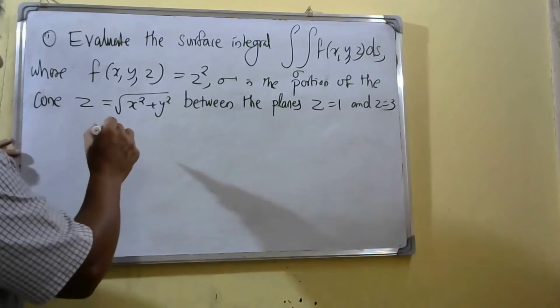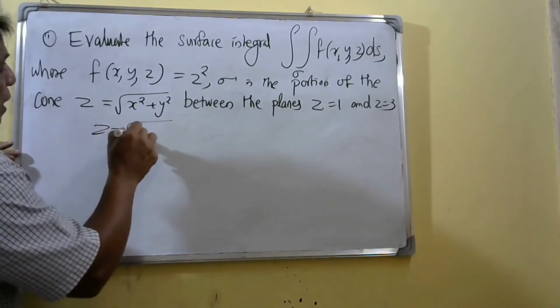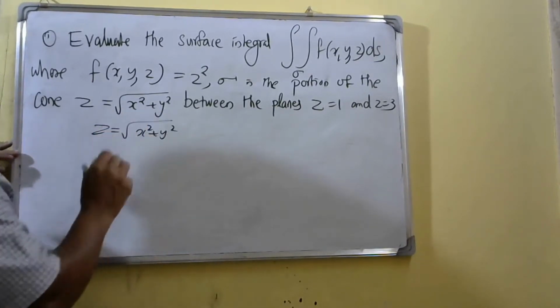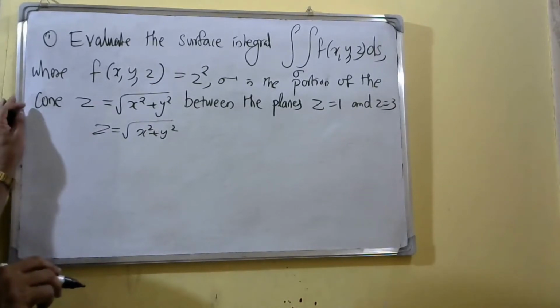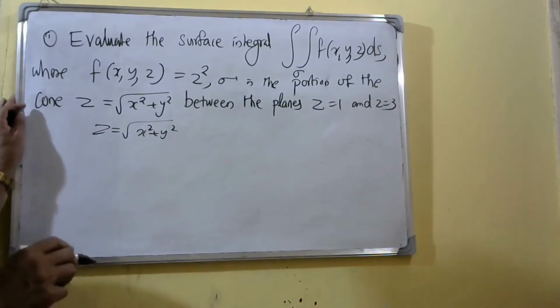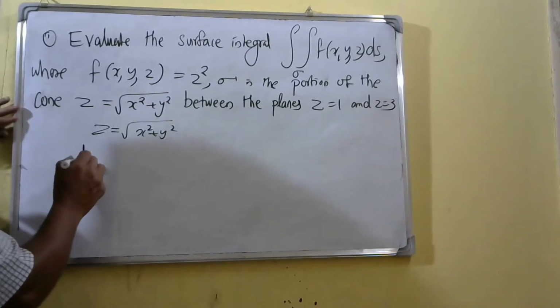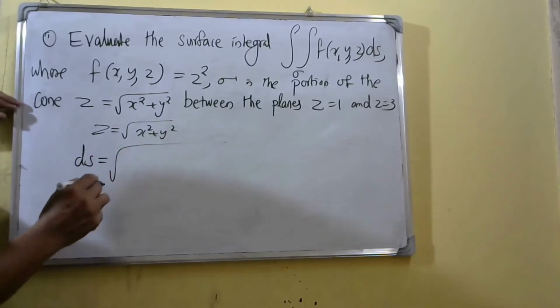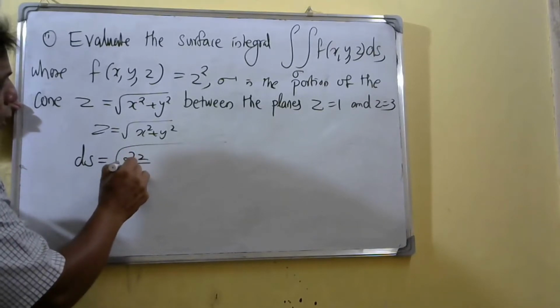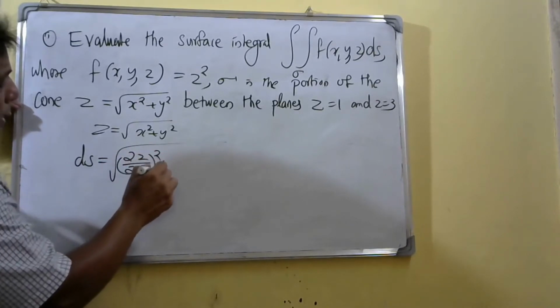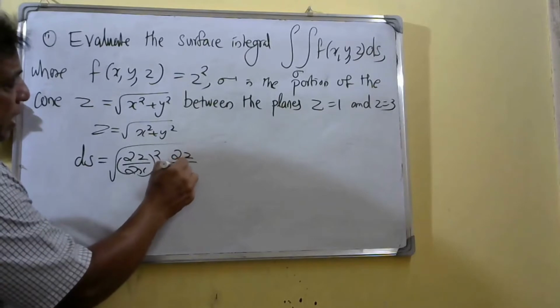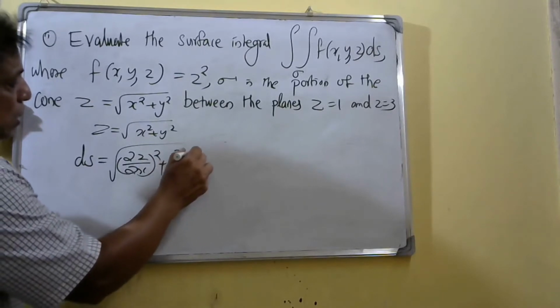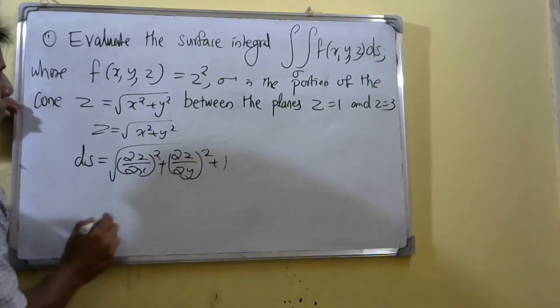Here we take z is equal to root of x square plus y square. Therefore, ds is equal to root of dou z by dou x the whole square plus dou z by dou y the whole square plus 1.